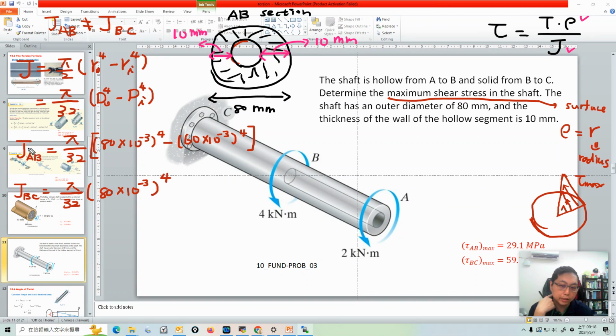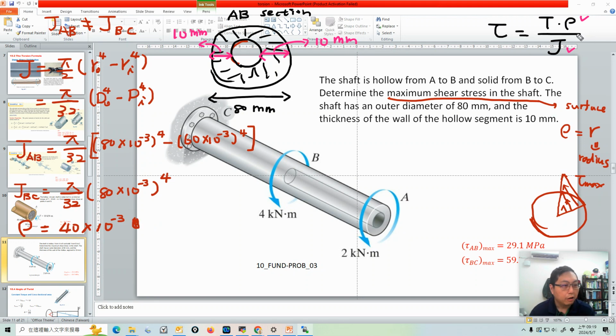That's JAB and JBC. We use the same rho for both because it's at the surface. Rho is 80 times 10 to the power 3. Sorry, it's radius, be careful: it's 40 times 10 to the power 3 millimeter.